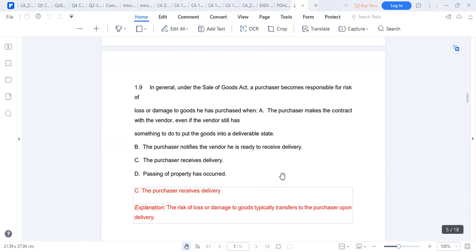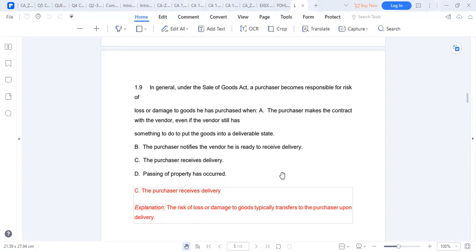1.9. In general, under the Sale of Goods Act, the purchaser becomes responsible for the risk of loss or damage to goods that have been purchased.